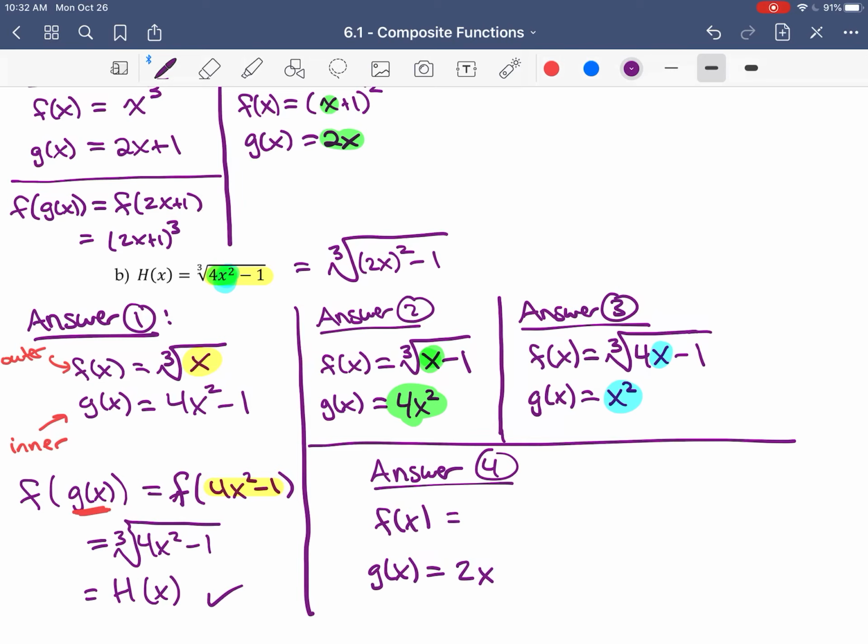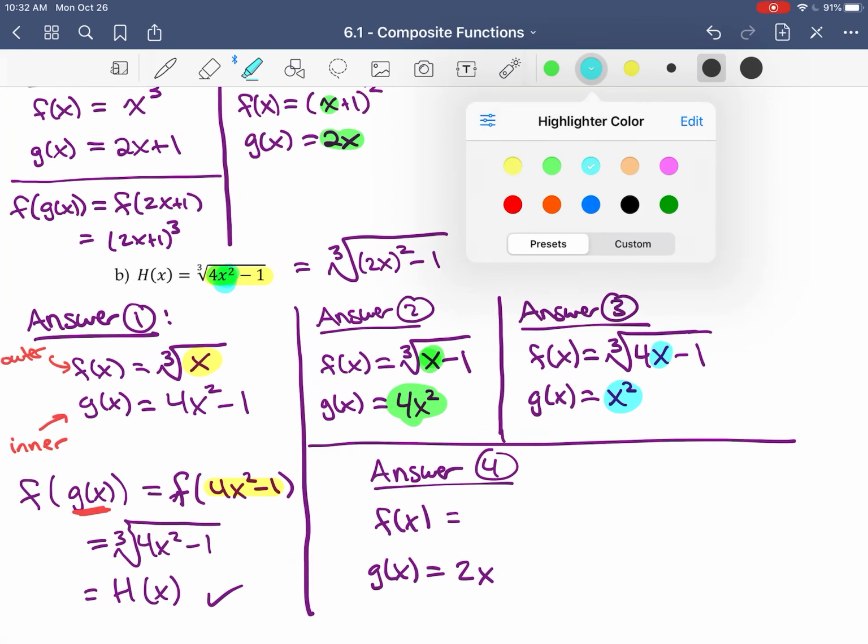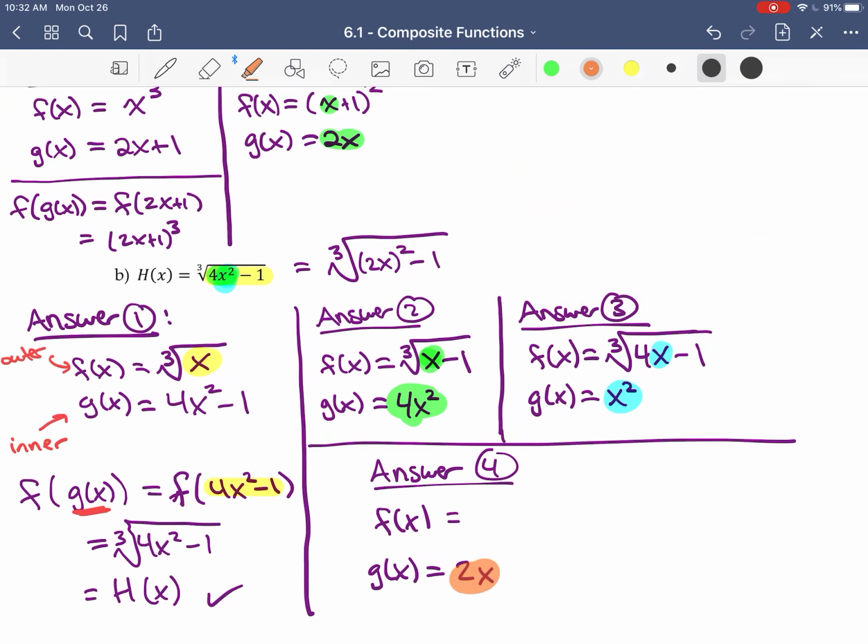Okay, so then what I'm doing here is replacing that bit. So then my f of x would look like the cube root of x squared minus 1. Okay, so that's even yet another, and I'm sure there's more.